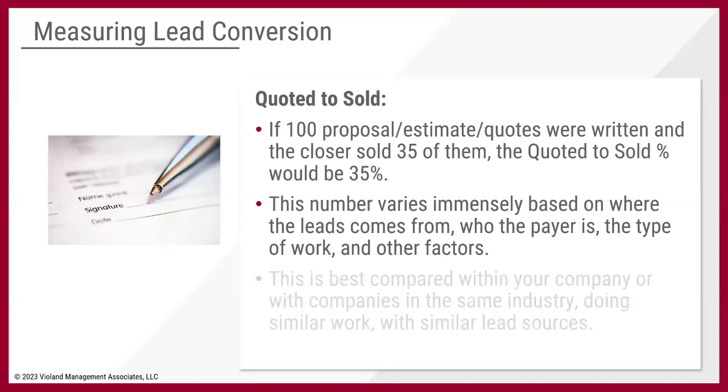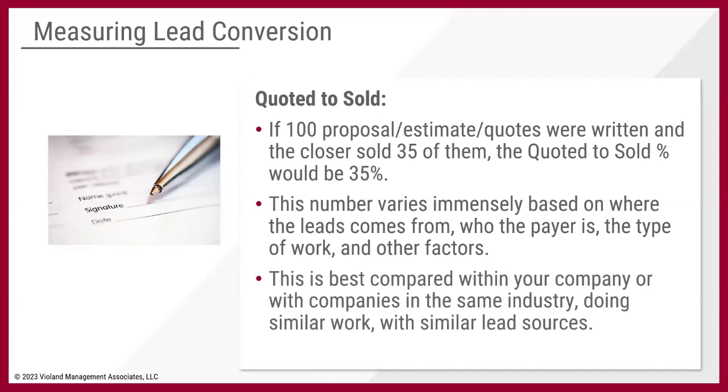But what you need to do is compare it within your company, within companies like yours, the same industry, doing similar work from similar lead sources. For lots and lots of companies, though, I would say that it ranges anywhere from 30 to 90% based on the industry, the payer, the lead source. So you need to measure this amongst yourself and talk to people close to your industry and your company to give you an idea of what you should expect for that number.